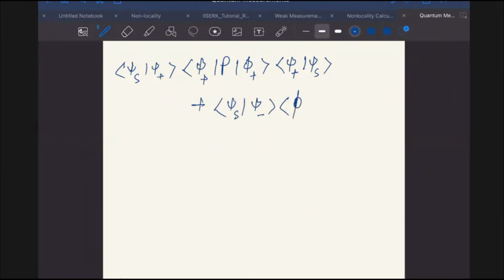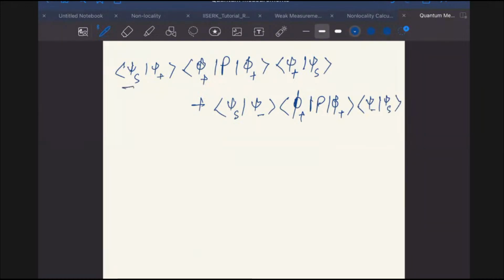These are all phi. Phi plus P_U phi plus, and this psi minus psi s.